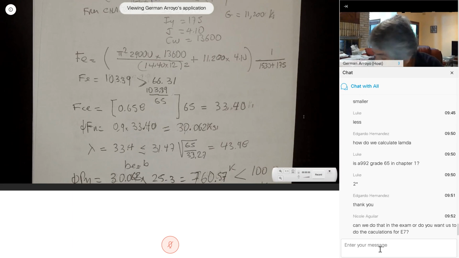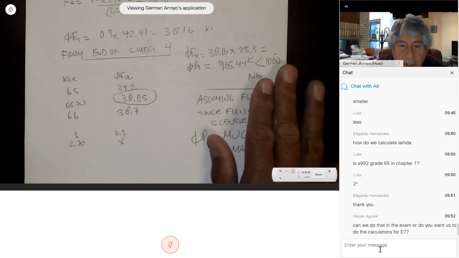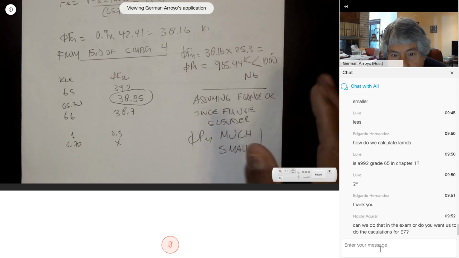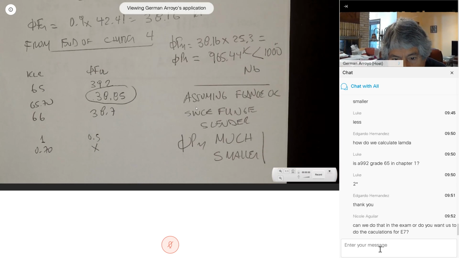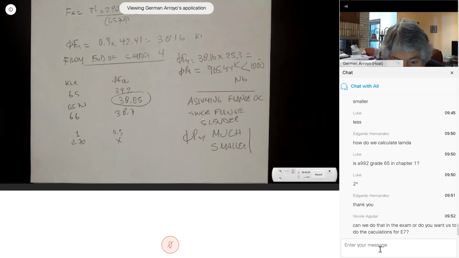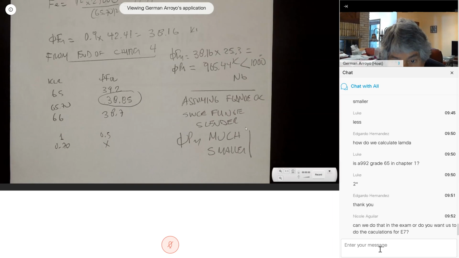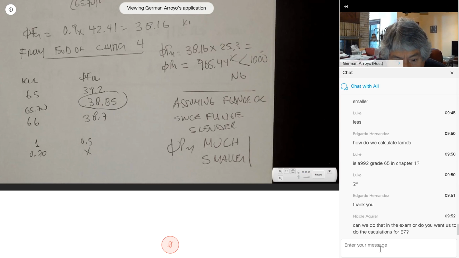So whenever you do this in the exam, I expect you to put a note like this: assuming that the flange is okay, it doesn't work. But if the flange is slender, this value is going to be much more. That's what I want people to do, to show me that you understand what you do.